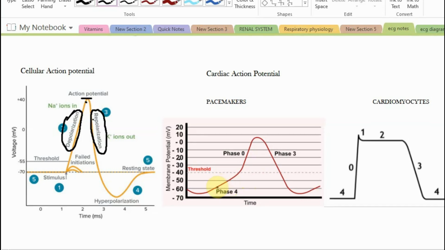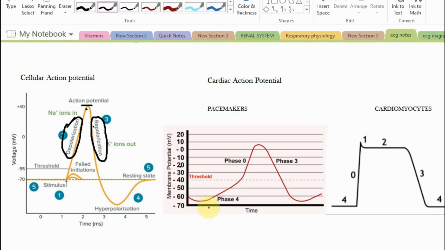Now discussing each phase, we can see what happens. During phase 4, the sodium channels open, and these channels are sensitive to hyperpolarization. When the pacemaker cell gets hyperpolarized, sodium moves into the cell, and these channels are so-called funny channels. I have no idea why the scientists called them funny channels, because it's not so humorous among many students.